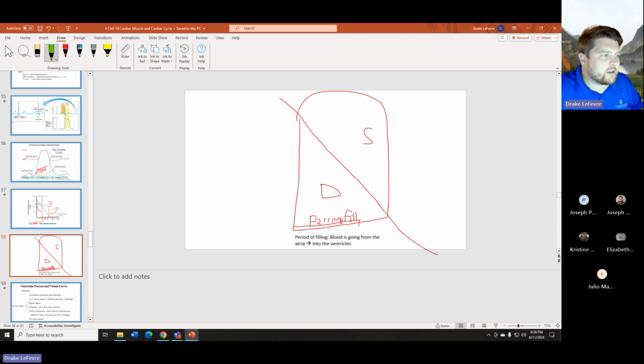If this is passive filling, what do you imagine the last chunk is? Active. Active filling. So majority of the filling of the heart. So blood, at the very, very beginning, blood is in the atria.